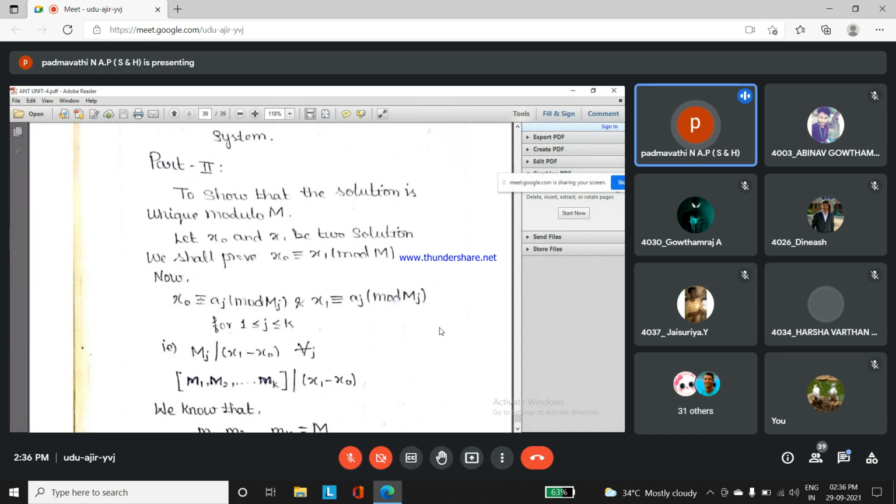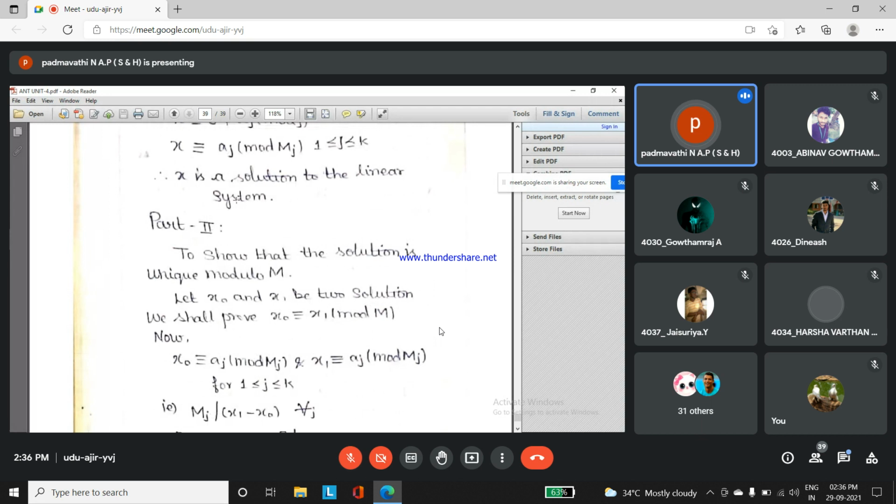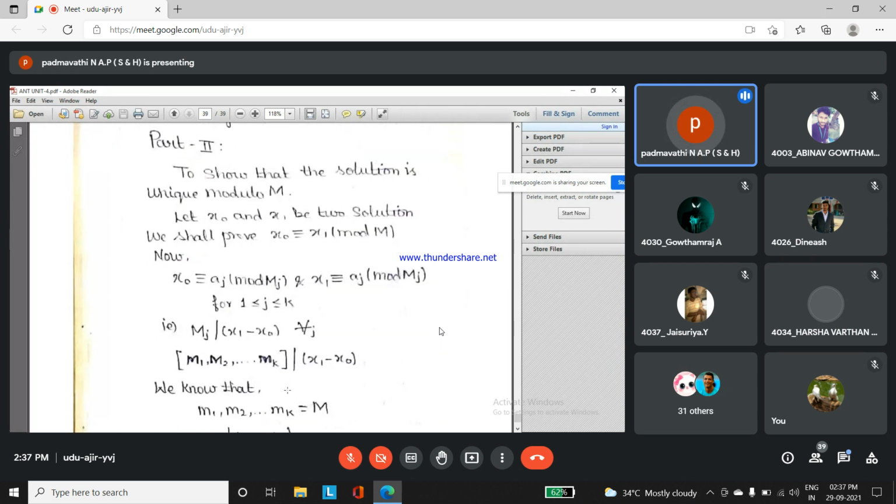We know that x is a solution to the linear system, na enna, x is congruent to aj mod mj. Now here consider x0 is congruent to aj mod mj, then x1 is congruent to aj mod mj. Then for j varies from 1 to k, mj is divisor of x1 minus x0.